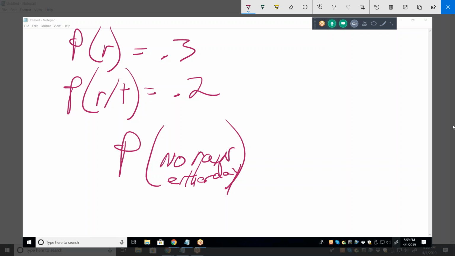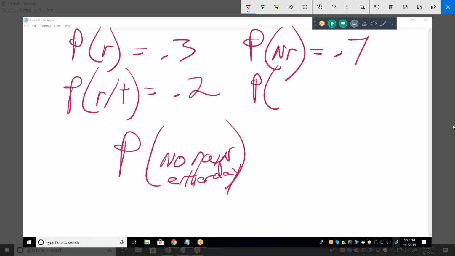This is a problem where you have to work with the complements. In other words, what's the probability that no rain today? 0.7. Okay. What is the probability of no rain tomorrow? 0.8.